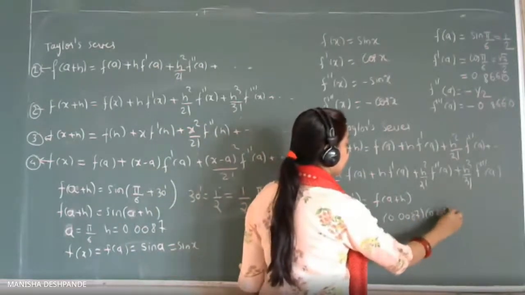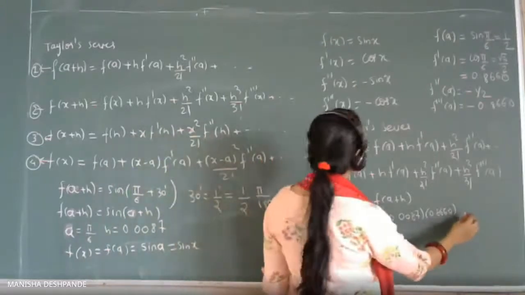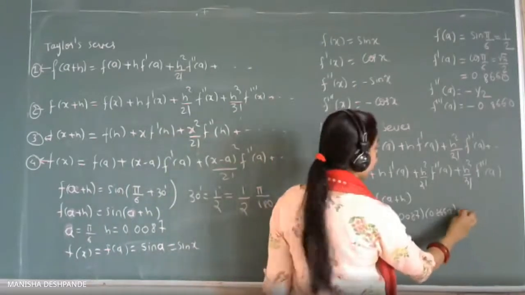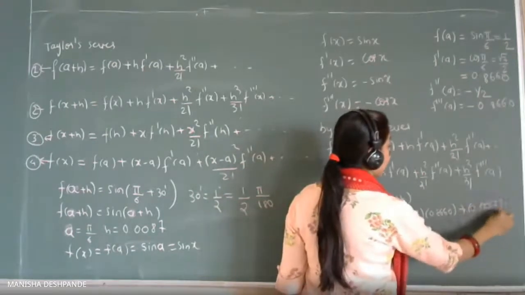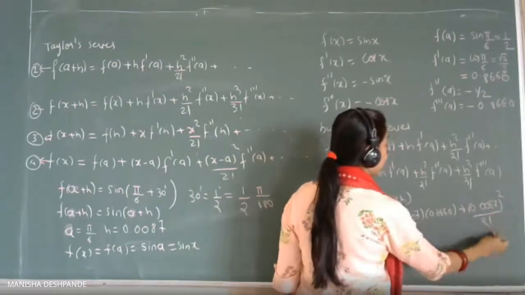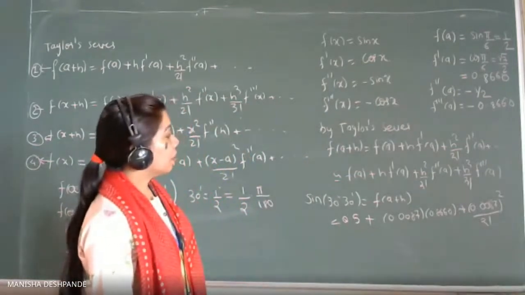Then what is the next term? H square by 2, so plus 0.0087 square divided by 2 factorial into f double dash of a, that is minus 0.5.